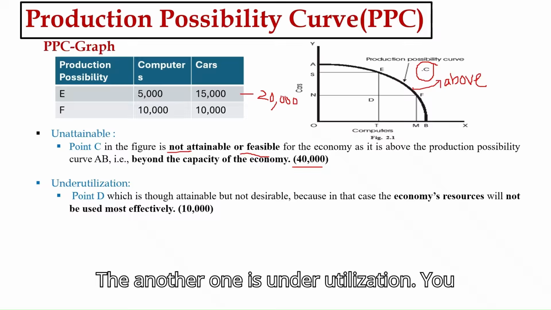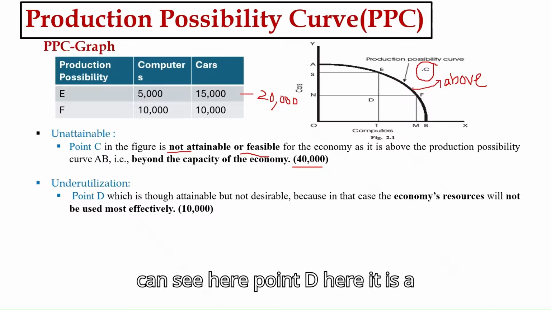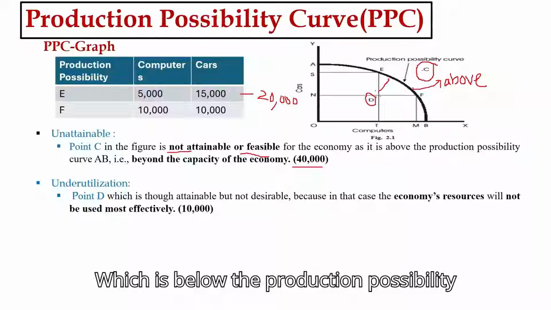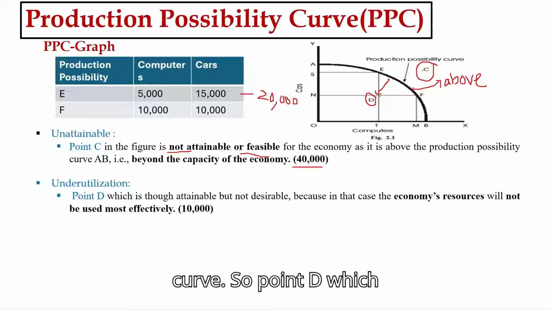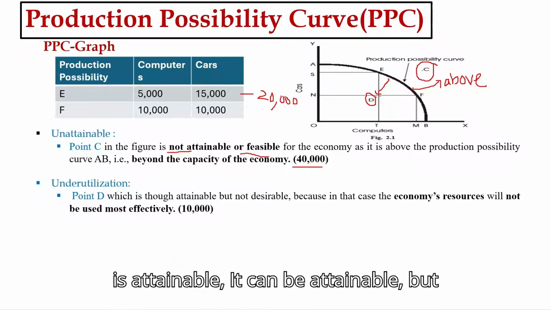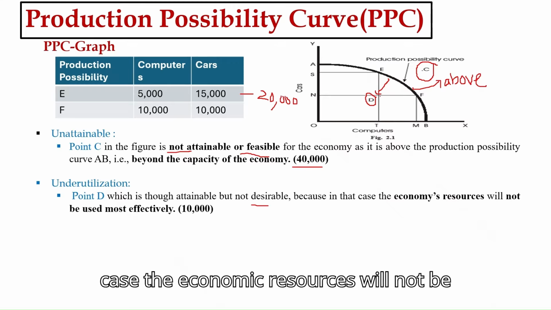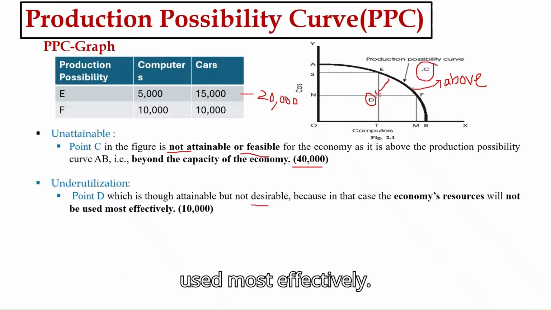The other case is underutilization. You can see here point D, which is below the production possibility curve. Point D is attainable, but it is not desirable, because in that case the economic resources will not be used most effectively.